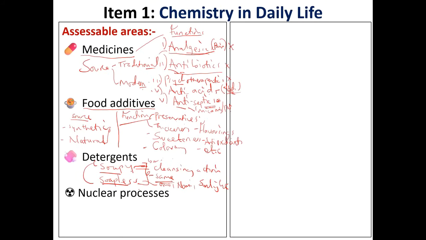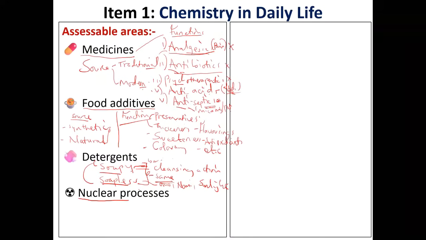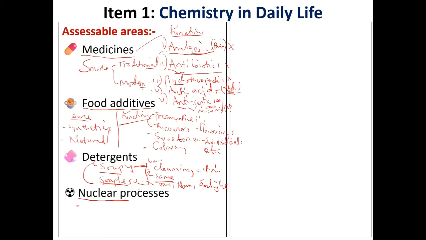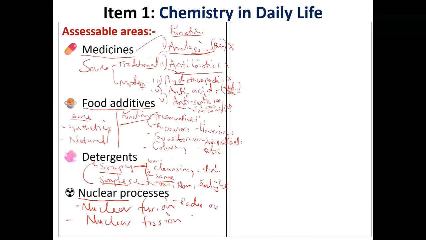Then finally we have the last topic, which is nuclear processes. And we say that these nuclear processes can be categorized into two. We have the nuclear fusion, and we also have nuclear fission. We can also have radioactive decay.